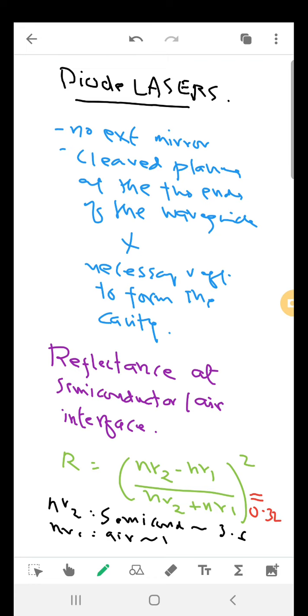Now these cleavage planes of a crystal are perpendicular to the direction along which the bond strength is the smallest.